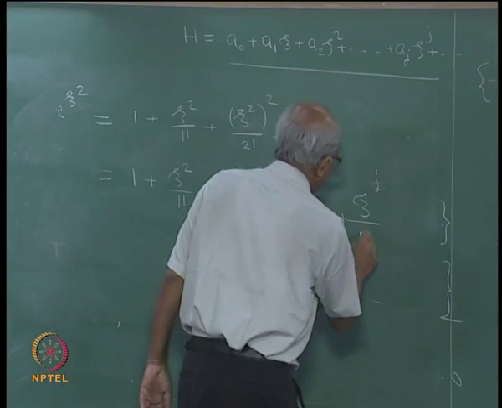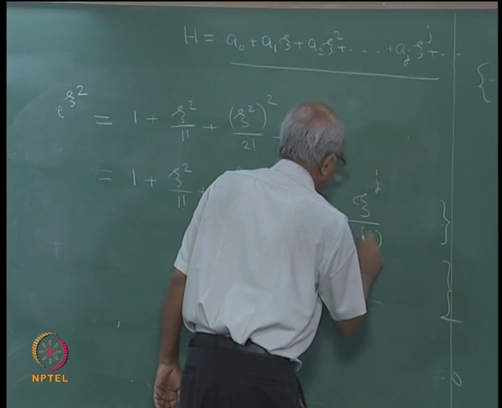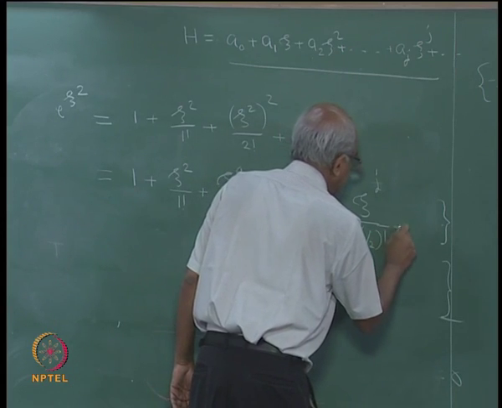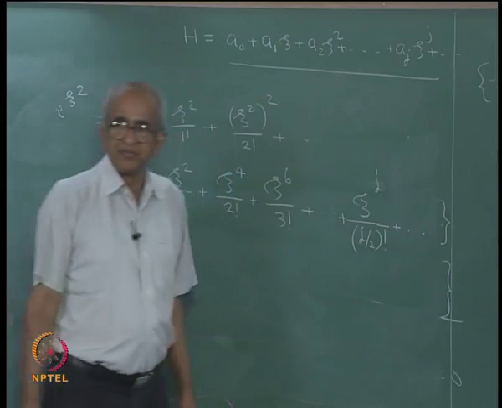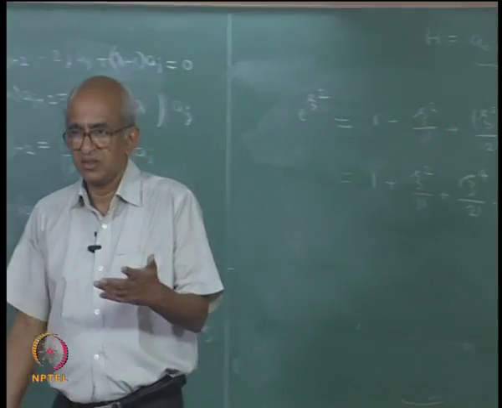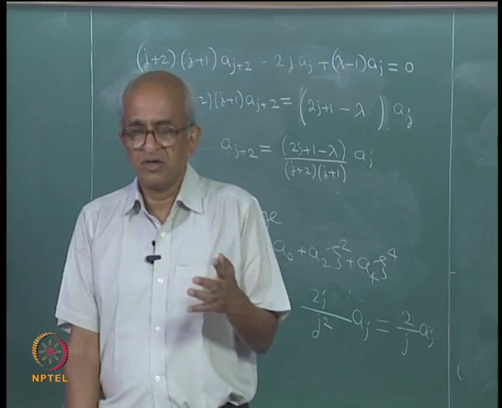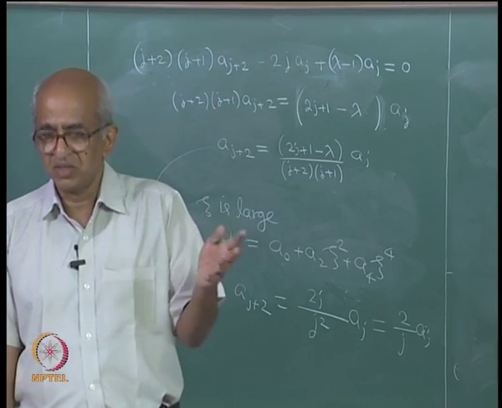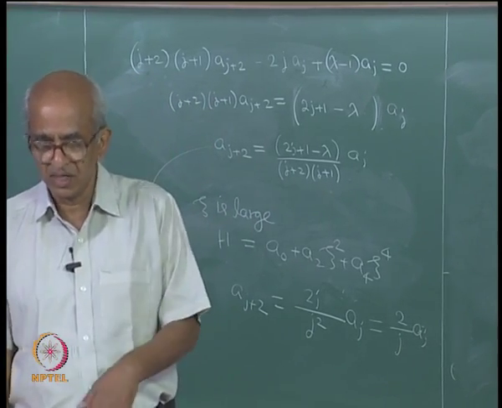So, it will be j by 2 factorial, plus etc. Agreed? The coefficient of c to the power of j has to be 1 by (j by 2) factorial.